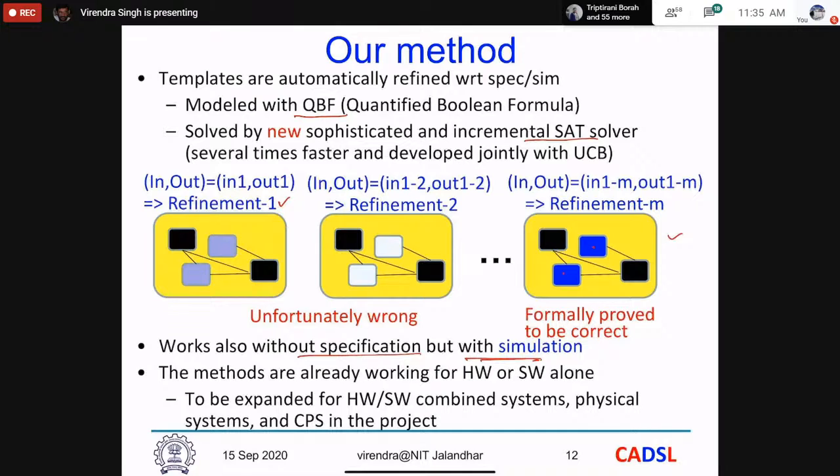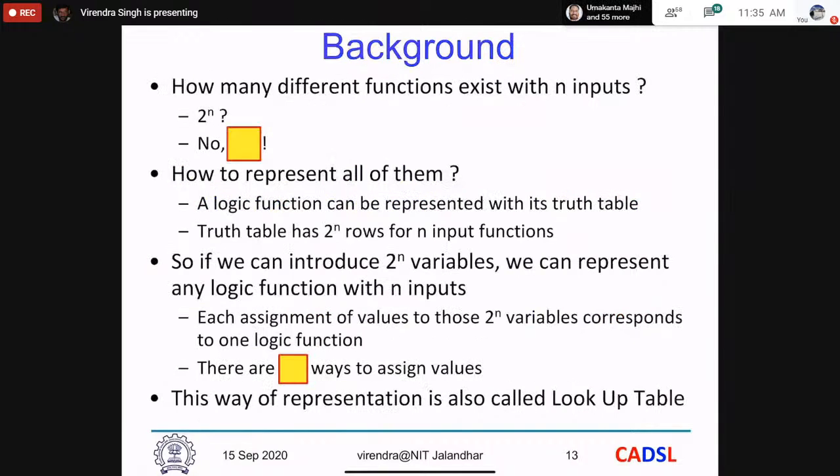These methods are already working for hardware and software alone. So this is the large problem. Maybe now I'll go a little deeper into the solution and look at how we can do this. I believe I made it clear what the problem is and how we modeled it.